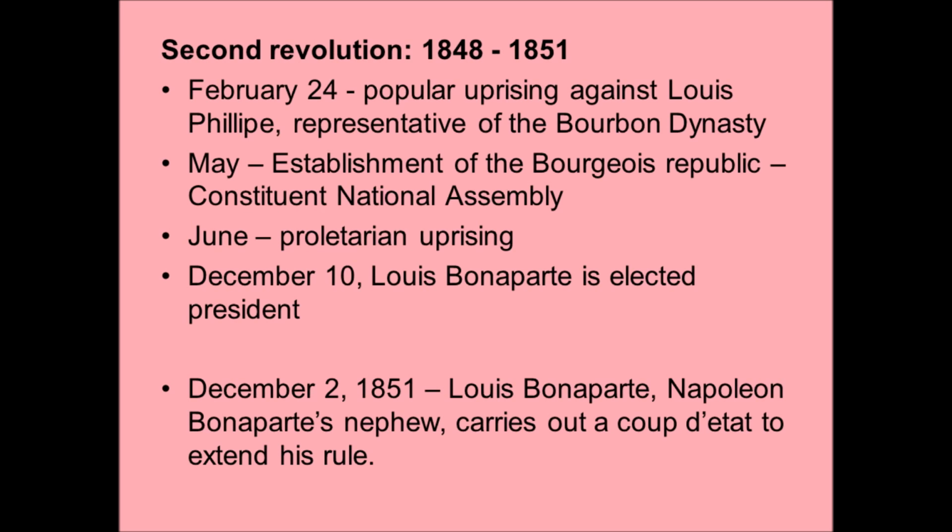On December 10, 1848, Louis Bonaparte was elected president of the bourgeois republic. Louis Bonaparte, who was Napoleon Bonaparte's nephew, carried out another military coup d'etat on December 2, 1851. Marx is interested to understand how a bourgeois revolution brings us to this point of military coup.